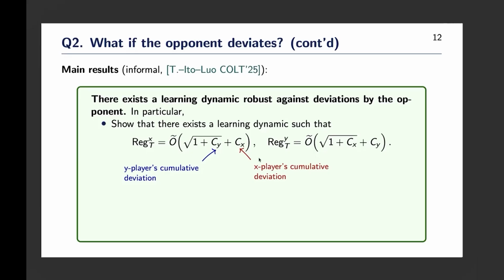And the same holds for the regret of the y player. The regret of the y player is upper bounded by the square root of the deviation by the x player, who is the opponent for the y player, plus the linear term of the deviation by the y player.